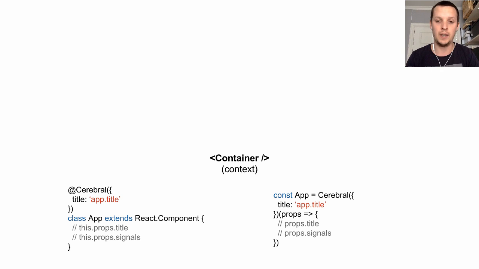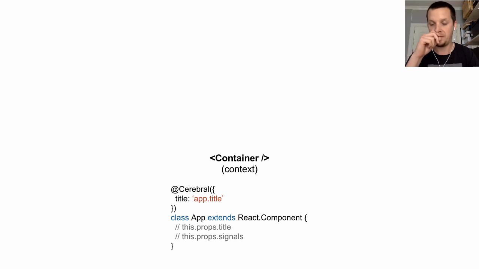Then you don't use a decorator, you just call Cerebral and define the state dependencies the same way, and then you use just a function to define the component. But I'm going to use the stateful version because that's the most common one.